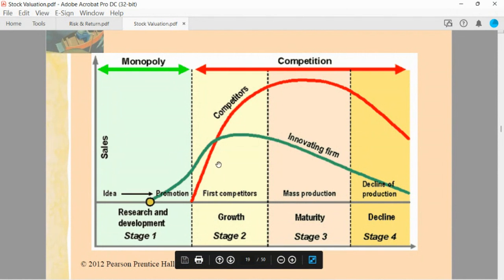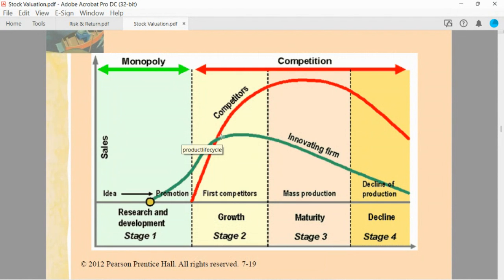But in the second phase, stage two, the competitors enter the market, and the growth slows down because obviously the sales won't be as much as before.